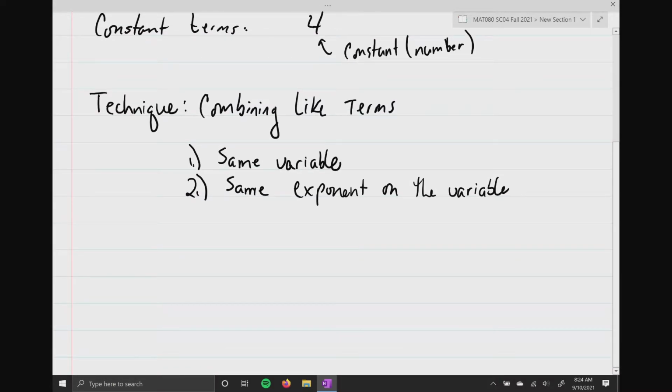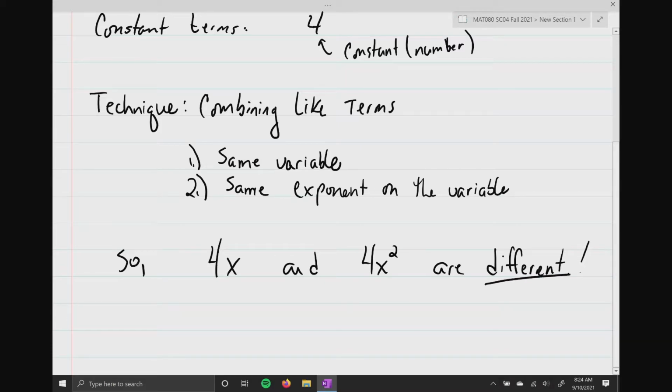So, 4x and 4x to the second power are different. Therefore, they cannot be combined.